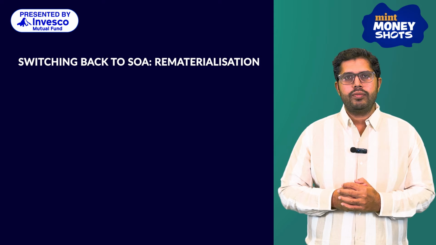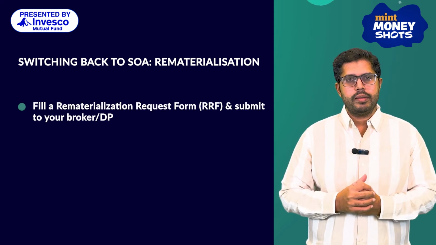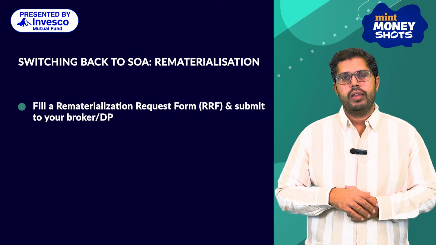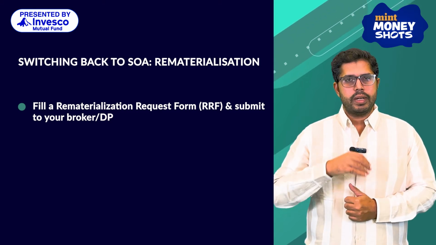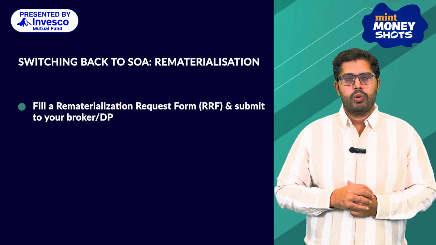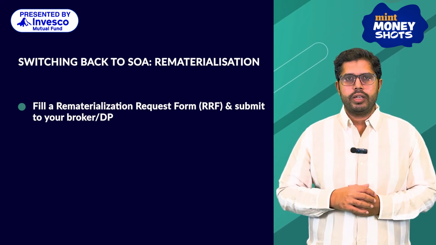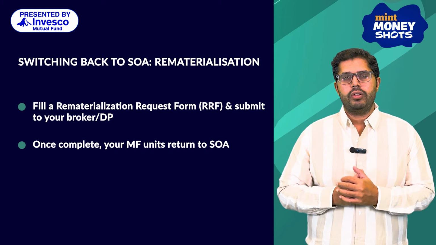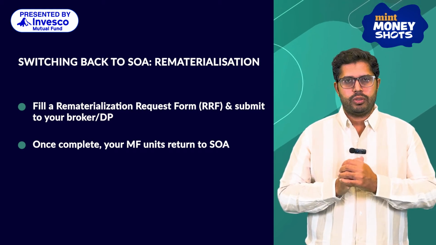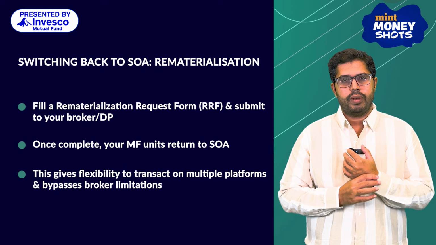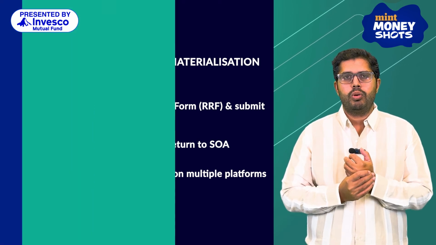If you find the Demat format too restrictive, you can rematerialize units to convert them back to SOA form. This involves filling out a rematerialization request form or RRF and submitting it to your broker or DP, who forwards it to the AMC or RTA for processing. Once complete, your mutual fund units return to SOA, which allows for more flexibility to transact on multiple platforms and bypasses broker limitations.